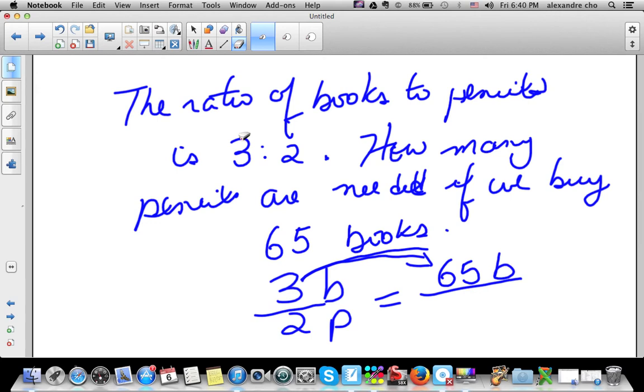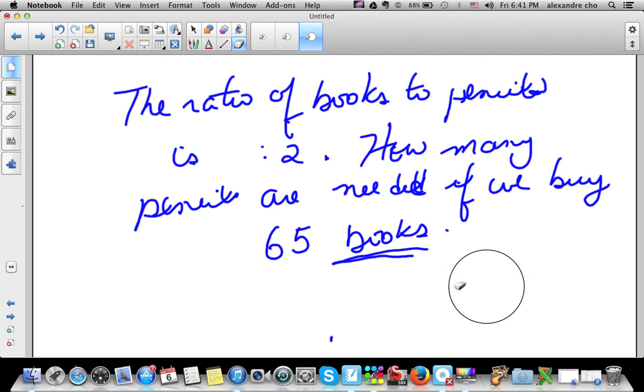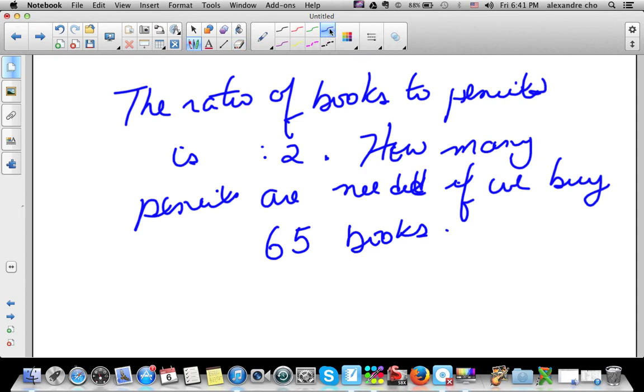Actually, the original one was okay. 5 to 2 was okay. You know what? I messed up. So ignore what I just said. Let's keep the question in its original format. Sorry guys, which was I believe 5 to 2.